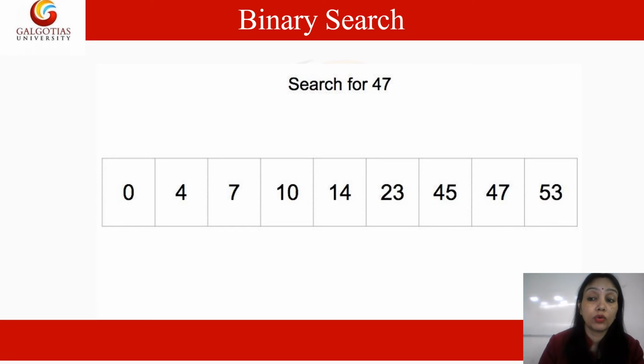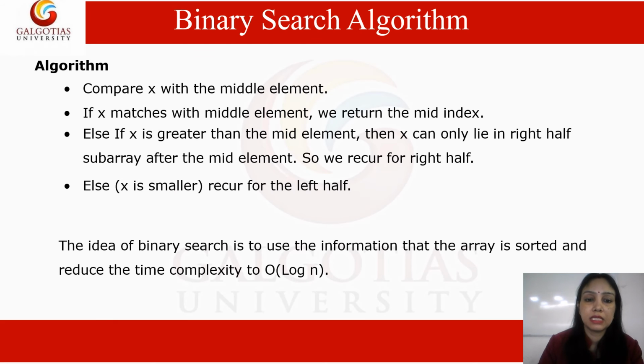Now we'll learn how to write that logic in the C programming language, but before that let's have a look at the binary search algorithm. What we are actually going to do while writing the program, we'll learn through this algorithm. First, compare x with the middle element, which means you have to find the mid of that list.